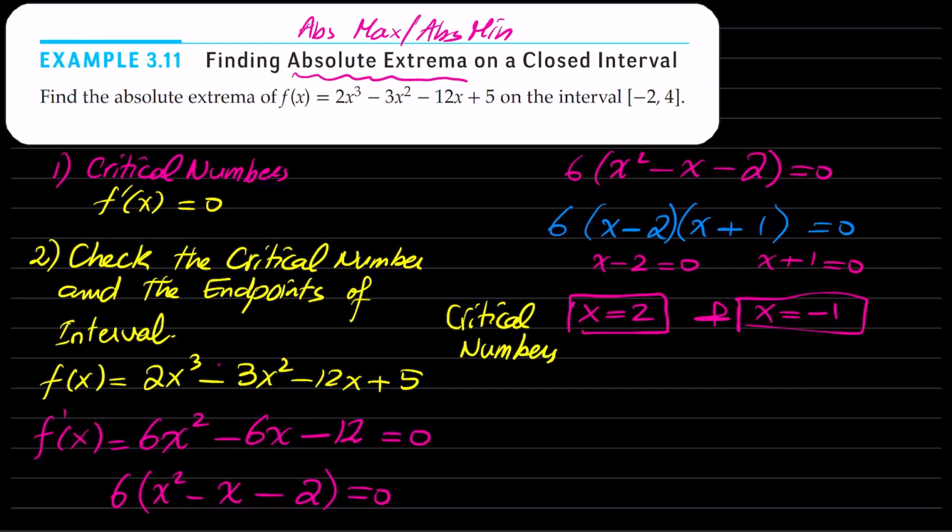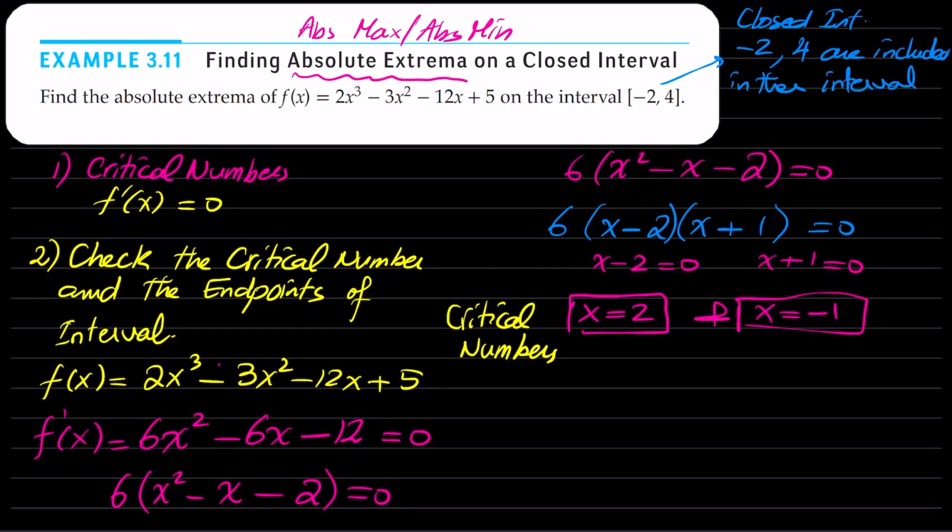Now, in order to check, since we have a closed interval from negative 2 to 4, negative 2 and 4 are included in the interval. We need to test them too.